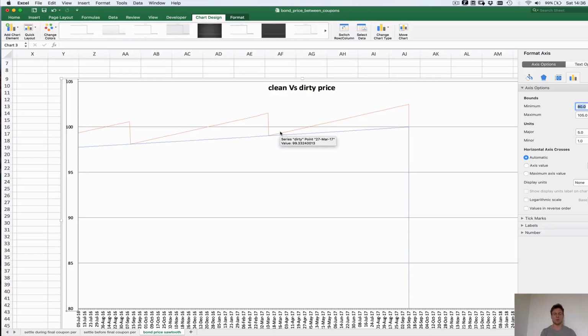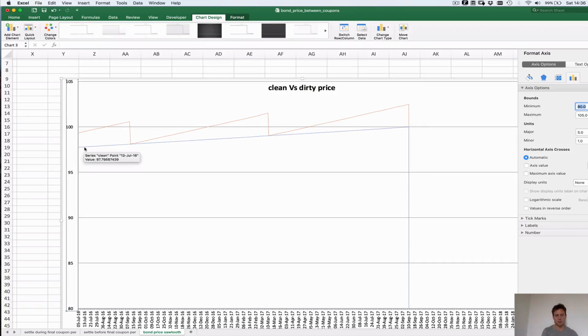Normally when bond prices shift from one day to the next, it means the market is not looking favorably on something about that company. Purely because a coupon's been paid here, the price has just dropped off a cliff. That's why the dirty price is not really suitable as a benchmark for comparison between this bond and other bonds, because we have this sawtooth effect.